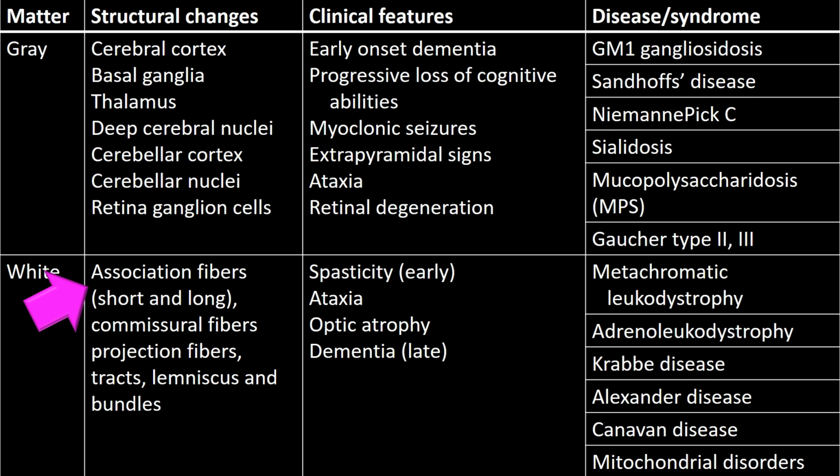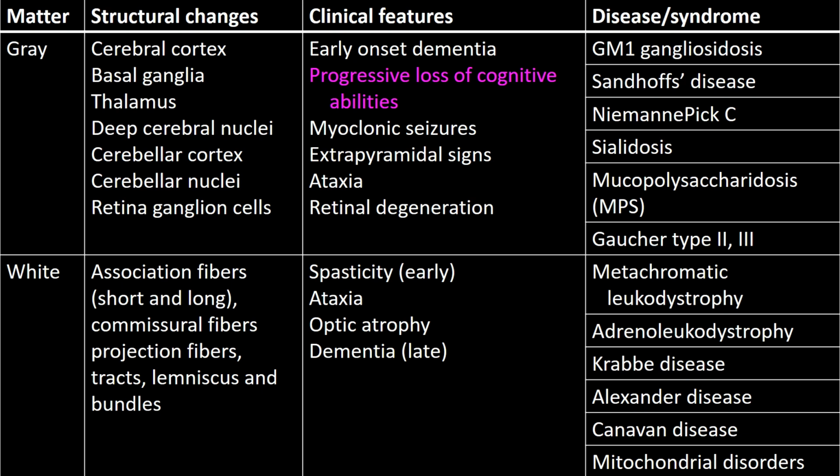Here, we find the structures associated with white matter disease. Here, the symptoms produced by white matter disease. And here, the conditions producing white matter disease. We can use this chart to answer the question at hand.